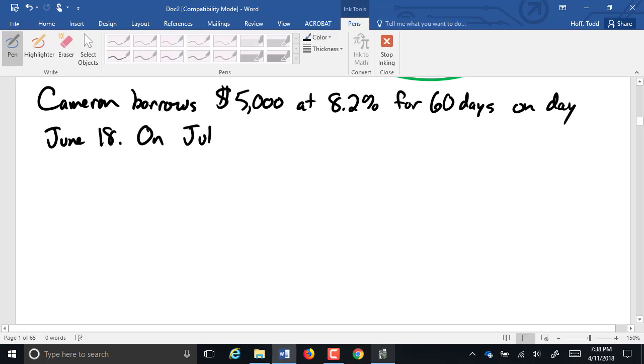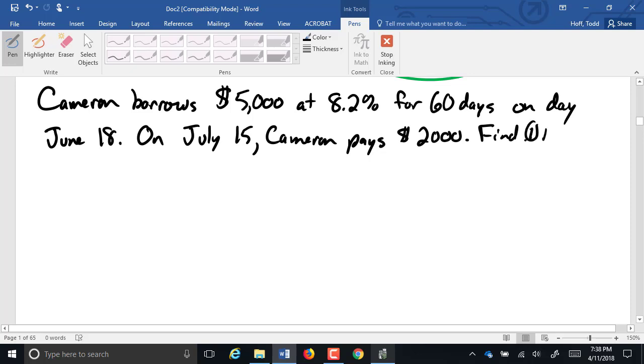On July 15th, Cameron pays $2,000. Find 1, the balance due at maturity, 2, total interest, and 3, the amount saved by making the partial payment.